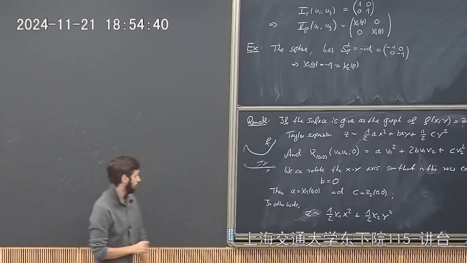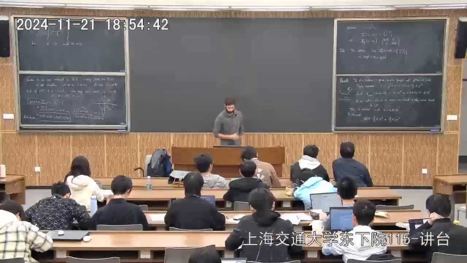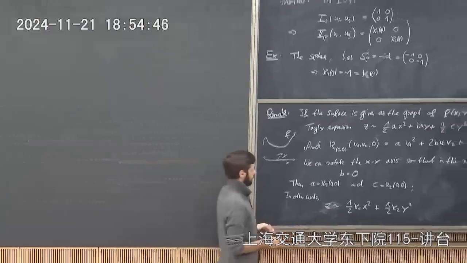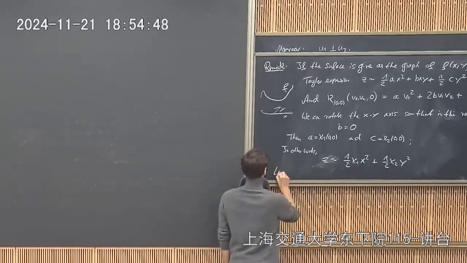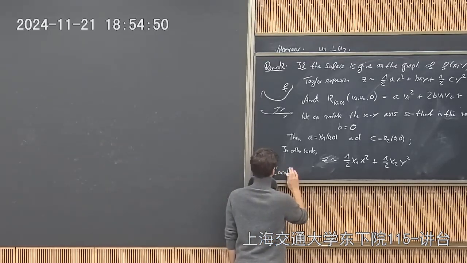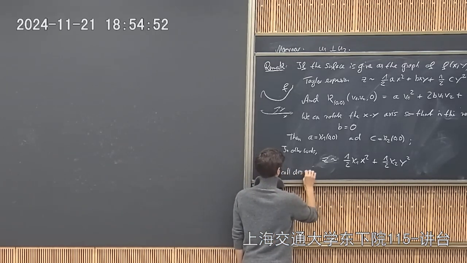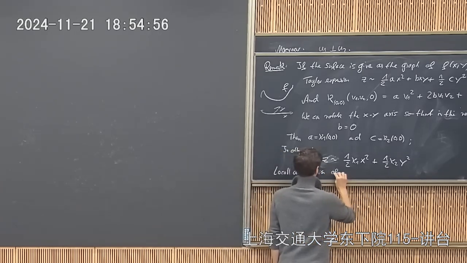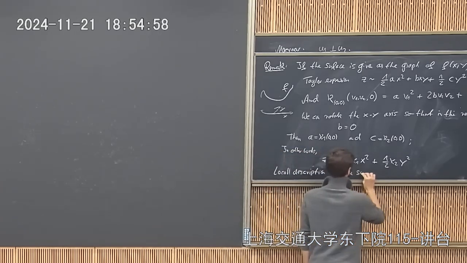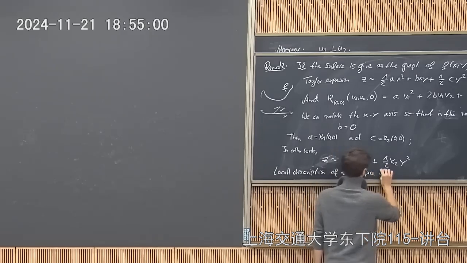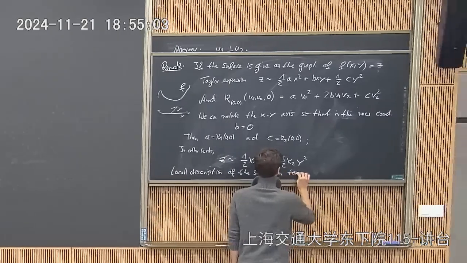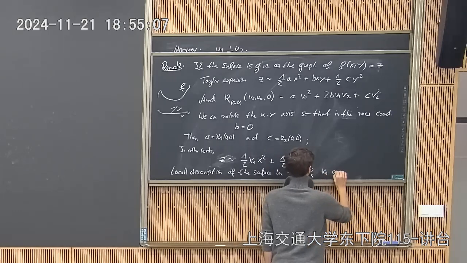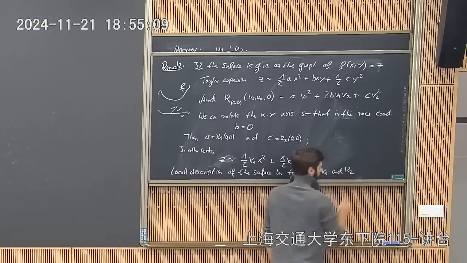So that gives you a complete local description of the surface in terms of kappa 1 and kappa 2.